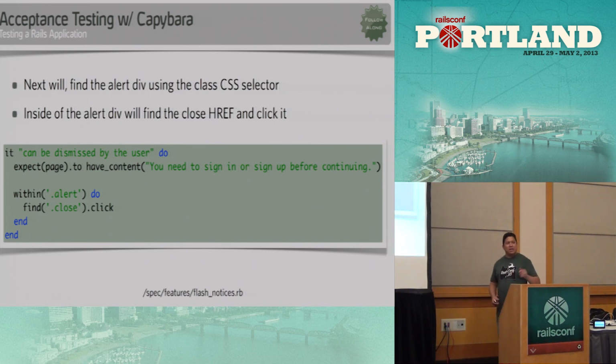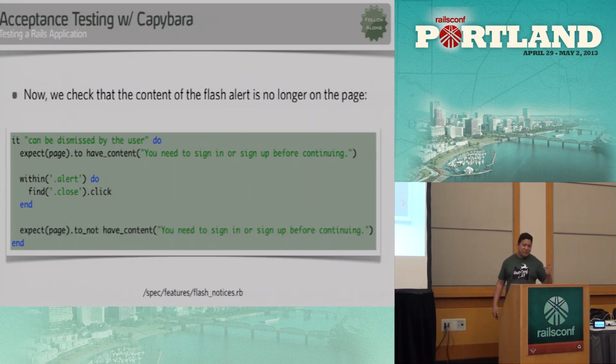Then, within that alert class, which is the div that wraps the whole alert message, I'm going to find the close button, which has a close CSS class, and I'm going to click it, therefore dismissing the dialog. And after that, I'm going to check that the dialog went away, that the alert message went away. So that's typically the scheme of how you go about testing something like that.